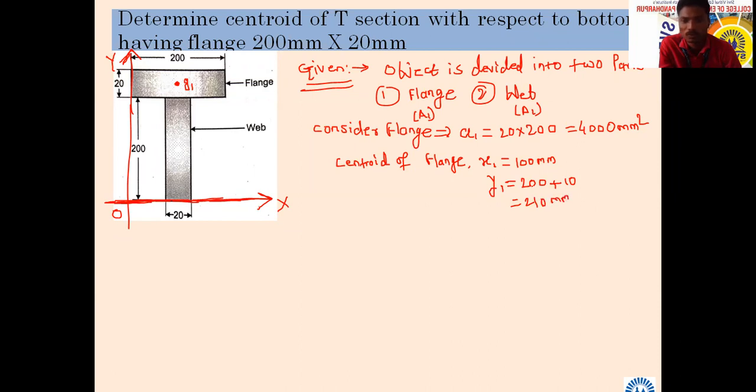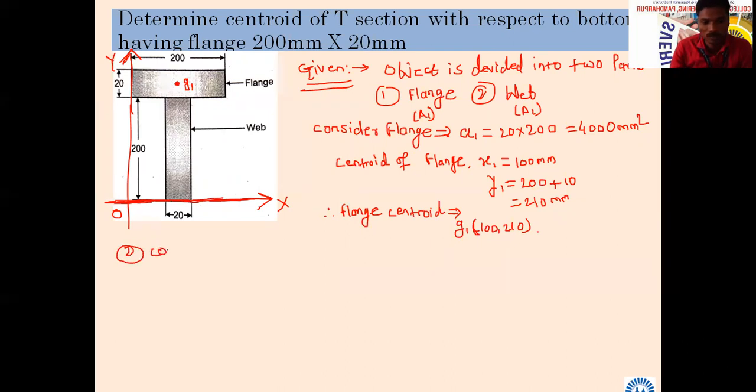You should imagine which addition I have done. So therefore, hence centroid G1 will be equal to 100, 210. Okay, in this way.